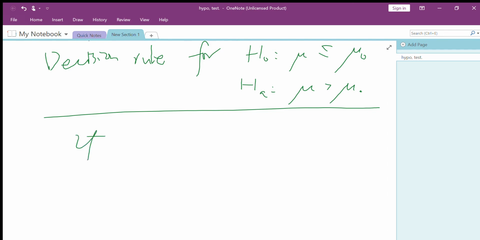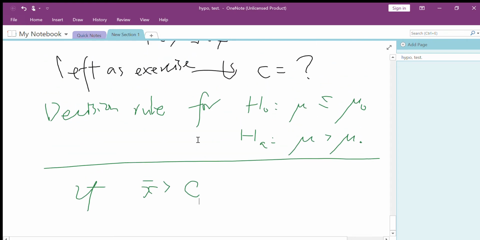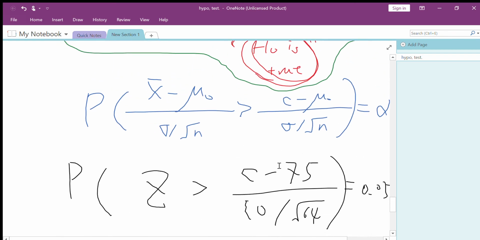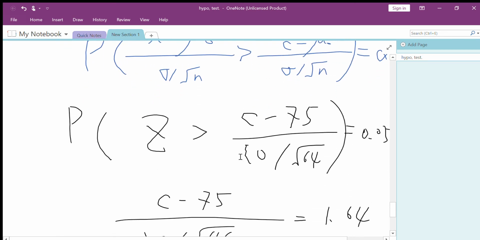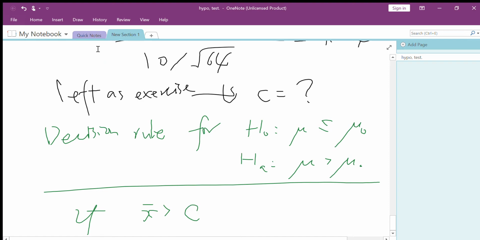If small x bar, the realization, is greater than c, we reject. So let's see what c is. If we write c in a more abstract way, let's do this firstly.